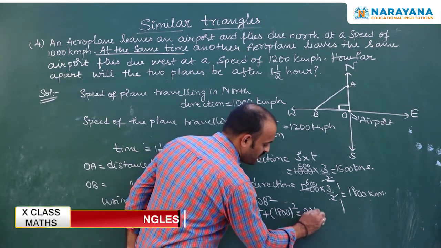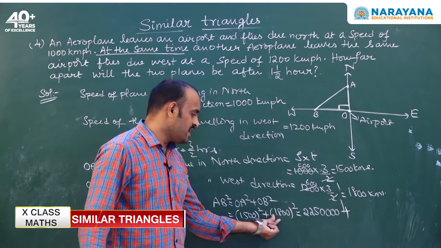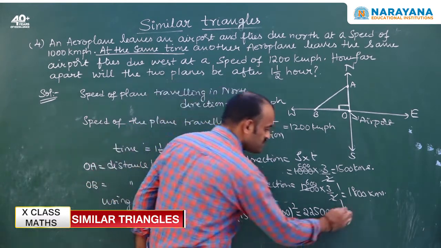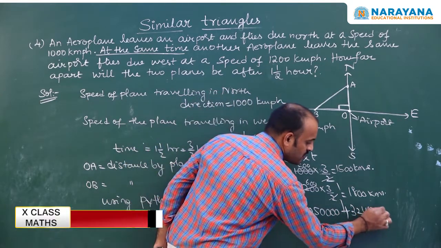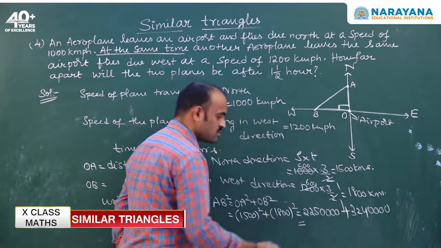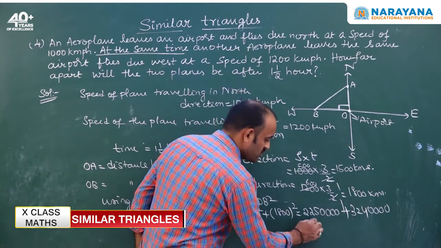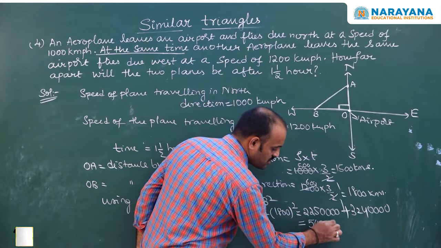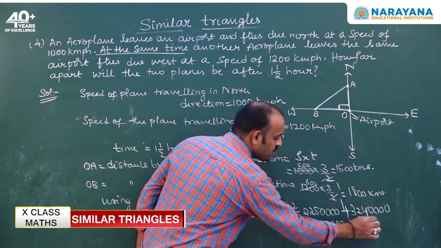So, 225 plus 4 zeros plus 18 square, 324. 2 zeros are there, if I square it, I will get 4 zeros. So, 225 plus 324, which gives you 549 with 4 zeros, kilometer square.